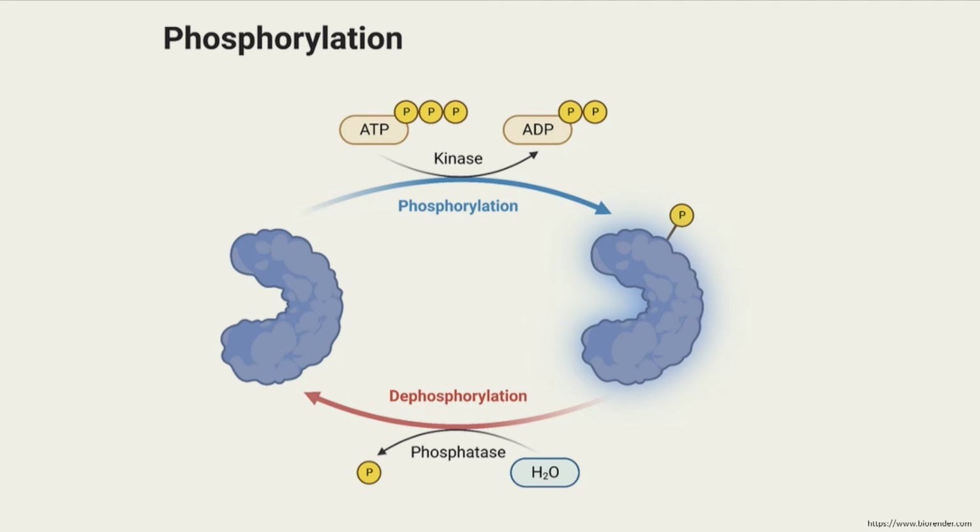Before going to the details about receptor signaling, we need to understand a few concepts, and the very critical first concept is phosphorylation. What phosphorylation stands for, that we have always discussed, is that a protein is getting phosphorylated. Phosphorylation is a post-translational modification.